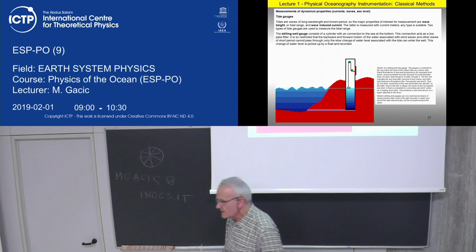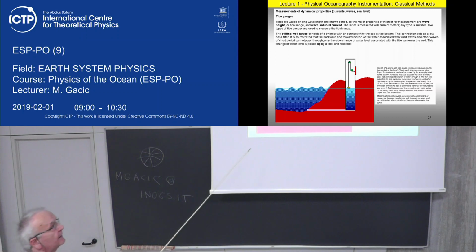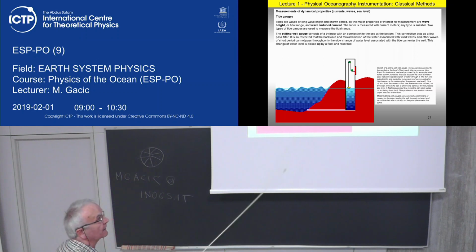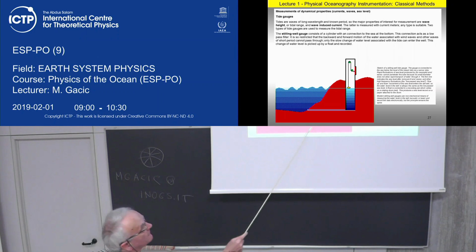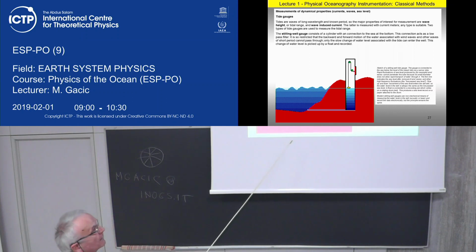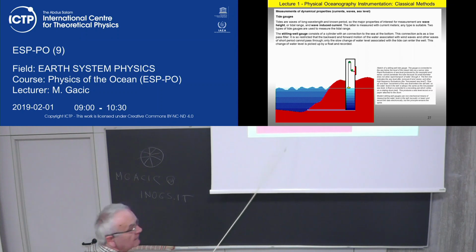And tide gauges, as we said before, record tides, and they are practically built in this way: you have the tower here, which is the stilling well. The stilling well is there because you have to avoid the influence of the surface waves.